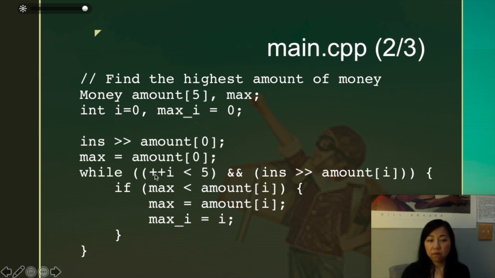So this to me is the best way to read from a file if you are reading a number, especially, or in this case we have overloaded this operator, right?